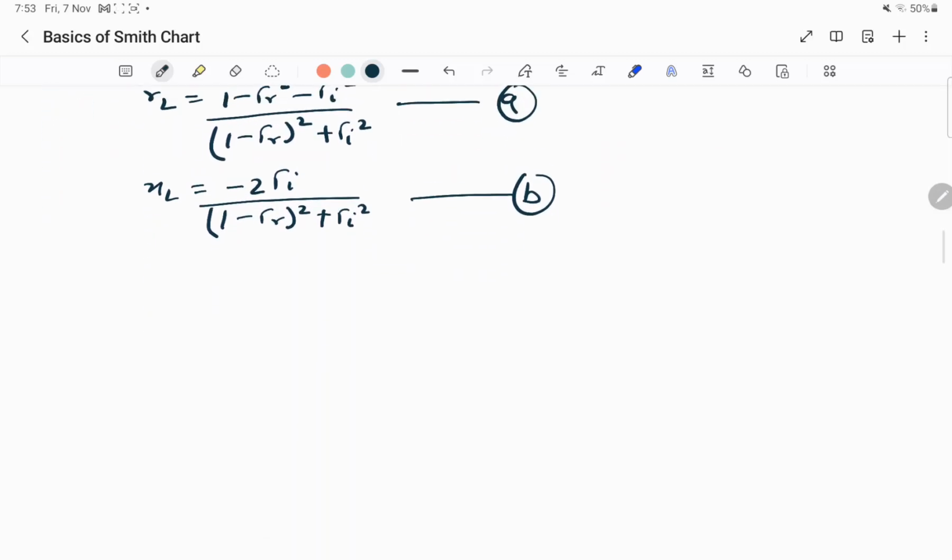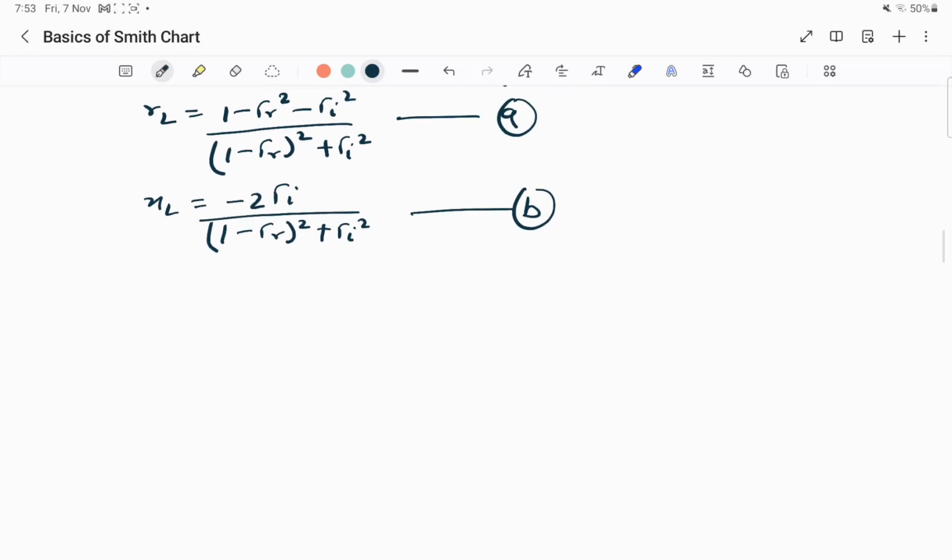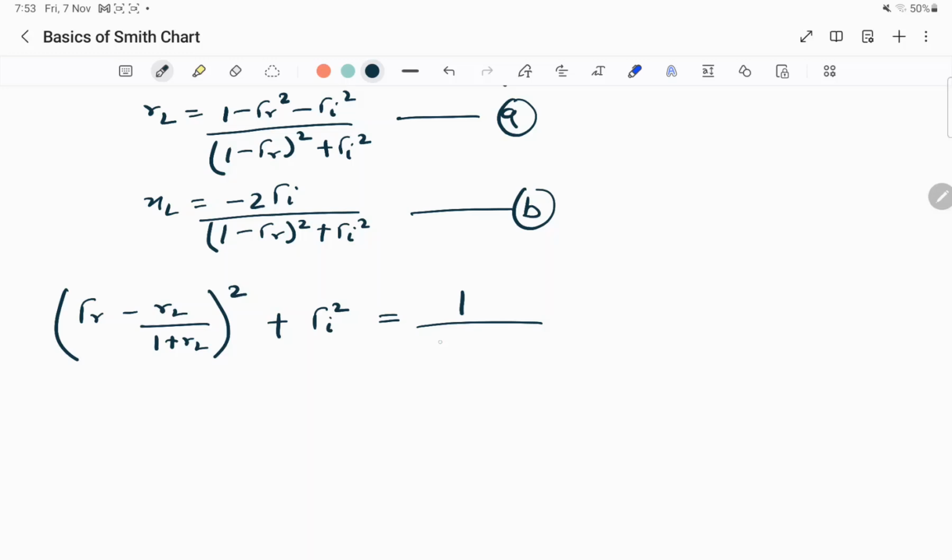Now when you rearrange equation a, you can write it as (Γr − RL/(1 + RL)) whole squared plus ΓI squared is equal to 1 divided by (1 + RL) whole squared.